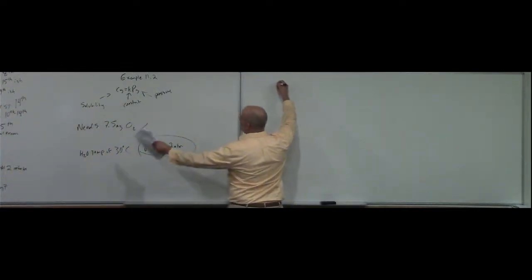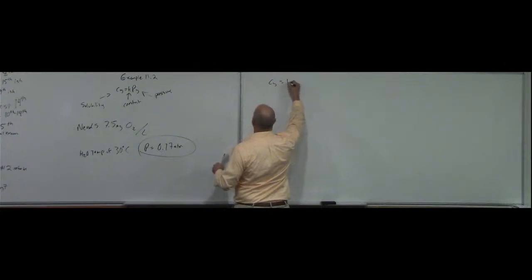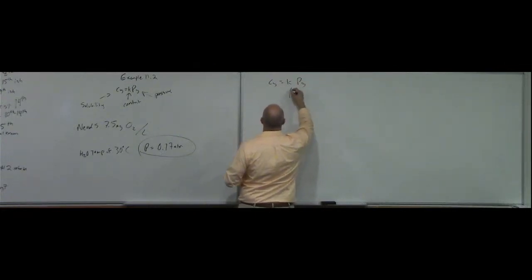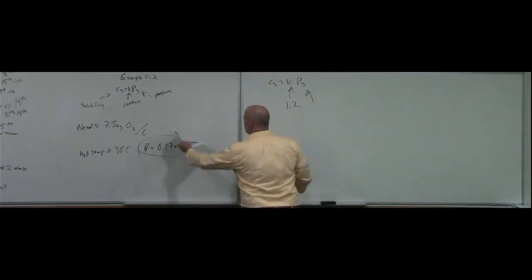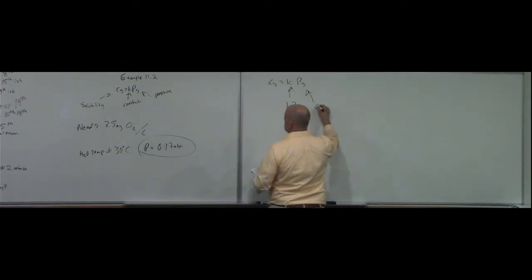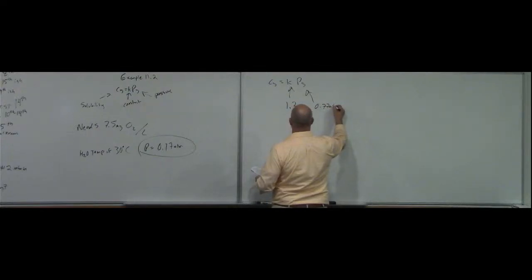Yeah, 1.1, I would say. What if we went 1.2? So our K is, we know that Cg equals Kpg, right? And so this is going to be 1.2. Our pressure here is going to be 0.77 atmospheres.